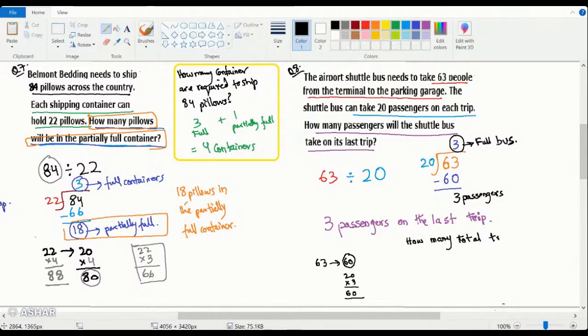And the last trip of the bus will only have 3 people on it. So how many total trips? 3 trips had 60 people. Agreed? And 1 trip had 3 people. So how many would be the total trips? We simply add them and we can say 4 trips. Agreed?